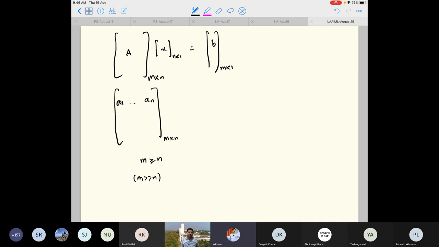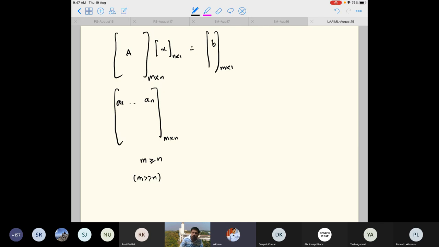If m is equal to n, the same thing, you will reach up to Rm. But if m is greater than n, that means the length of the vector is bigger than the number of vectors in your collection, then you will not be able to cover the entire space. Even if the columns of A are linearly independent, you will not be able to cover the entire space.